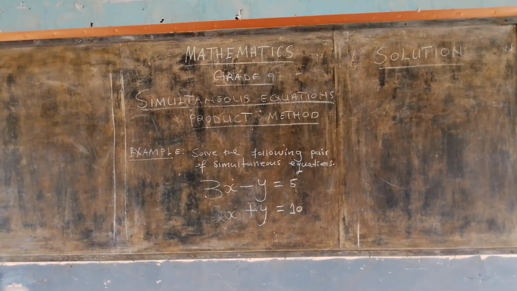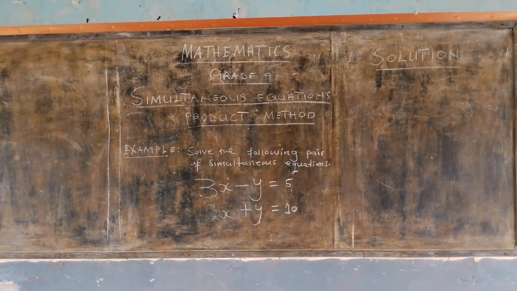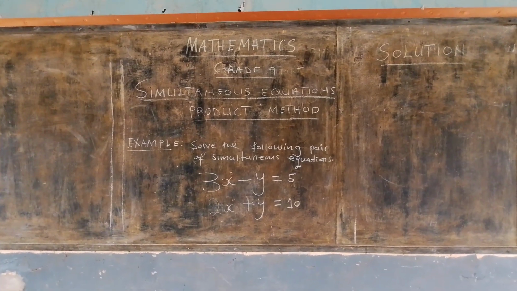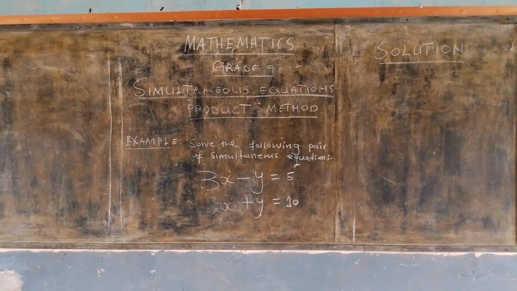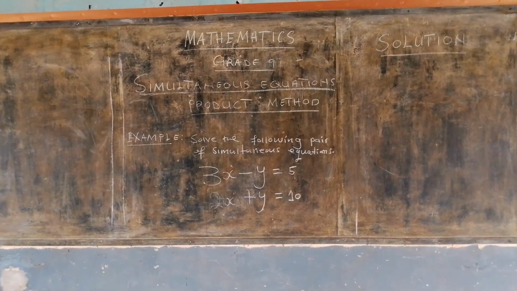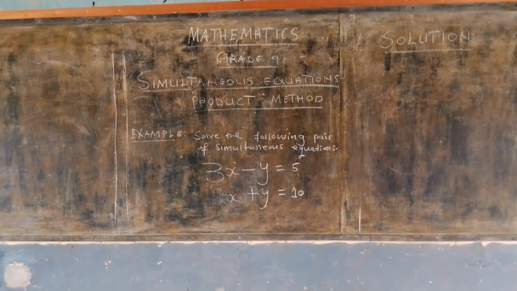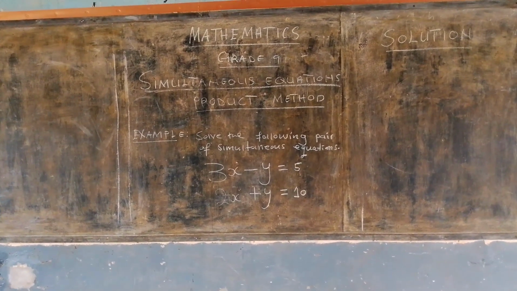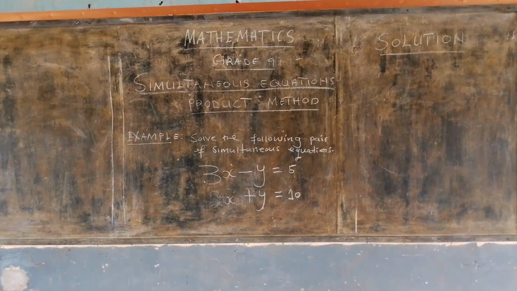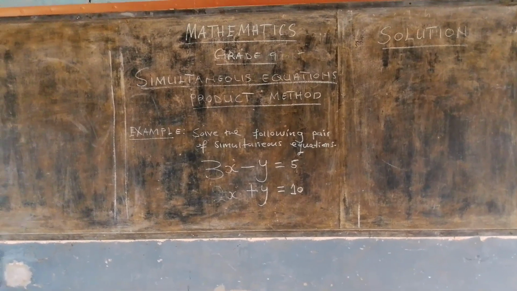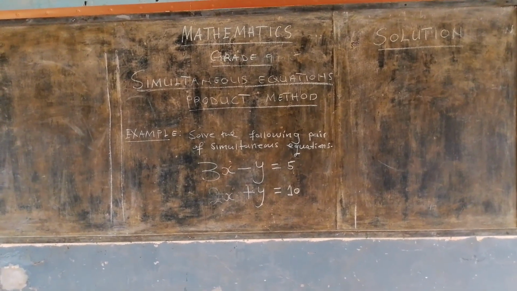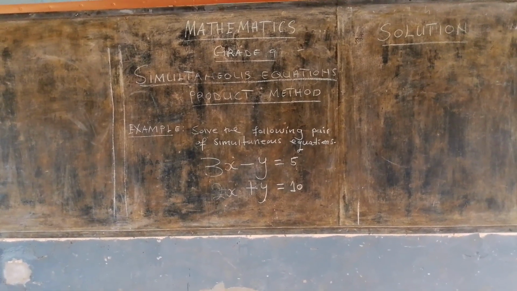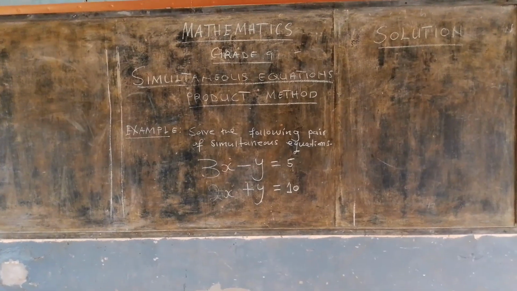But at your level as grade 9, we have two methods, which are elimination and substitution. So today we'll help you learn how to solve simultaneous equations using the product method. This method only helps you to get the first variable. In this case, the x comes first, so it means you are solving for x. If it was y coming first, you would have worked out y first.